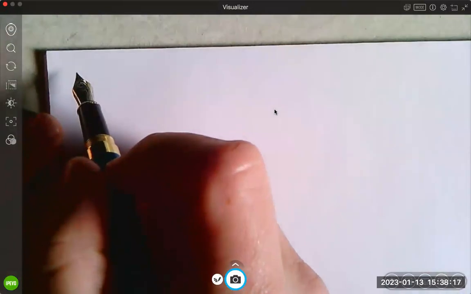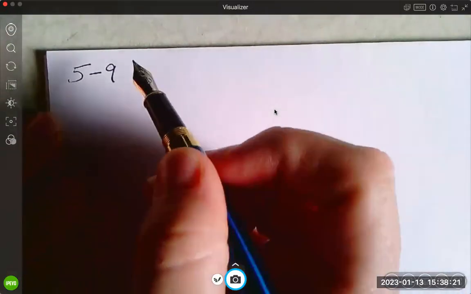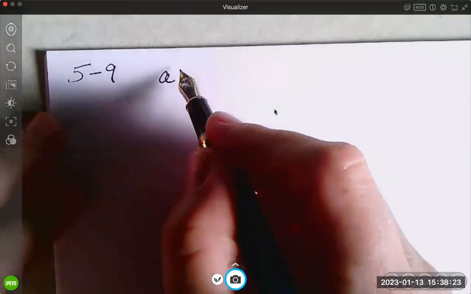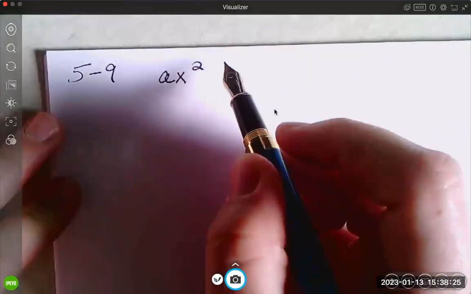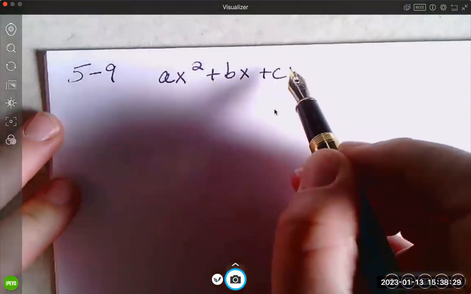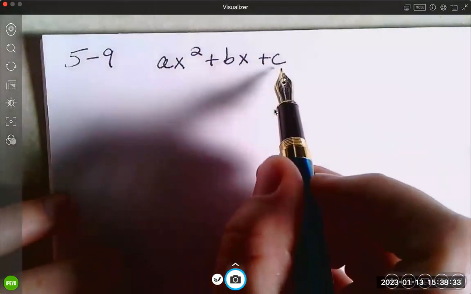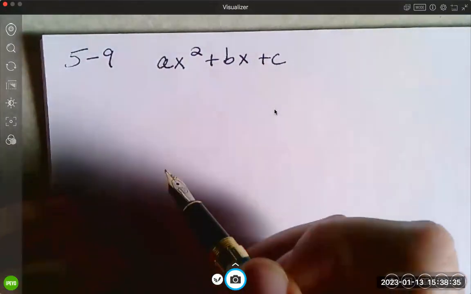Okay, so we're going to go over again, it's 5-9, that factoring pattern for ax squared plus bx plus c, where a, b, and c are going to be numbers.